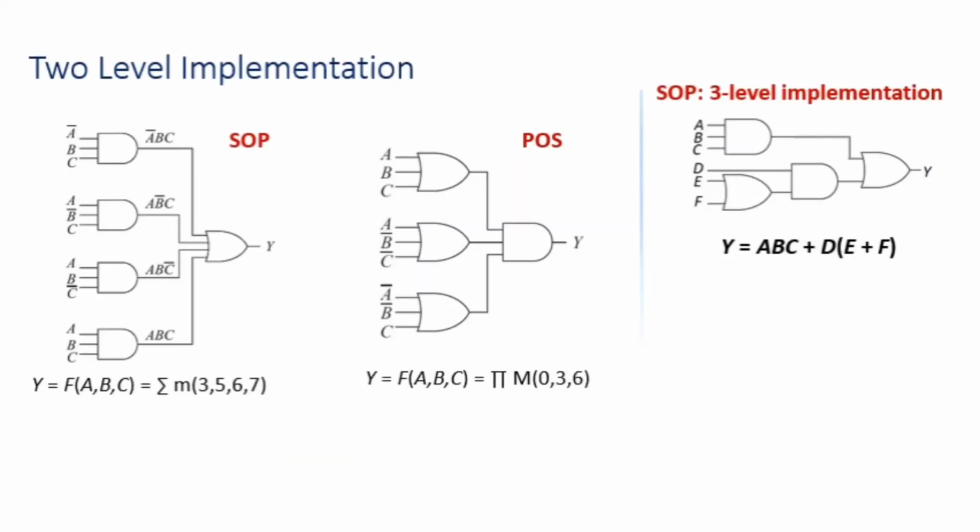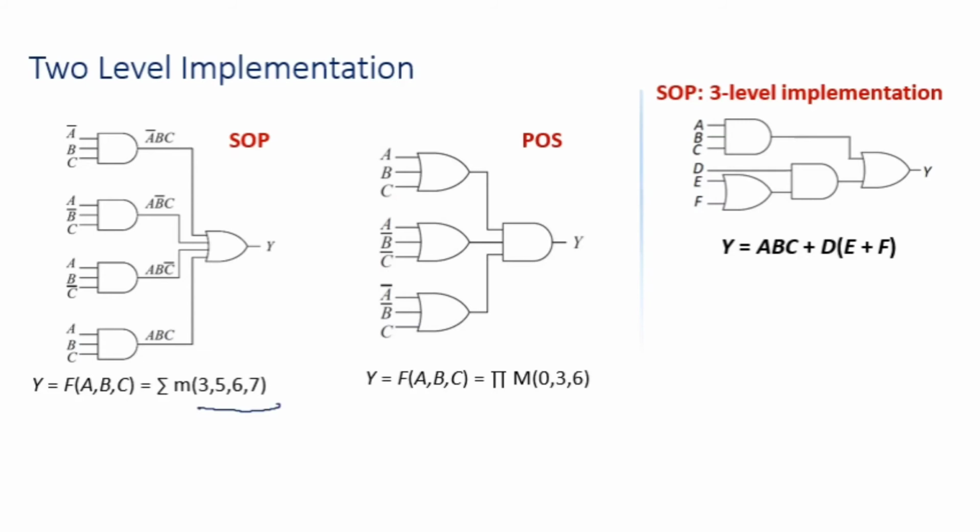Now coming to the implementation part. If you are given an expression or a min-term expression, you can design a circuit for this very simply. So if you are provided with this expression, f(a,b,c) is a function of 3 variables a, b and c, and these are the min-terms: 3, 5, 6 and 7.